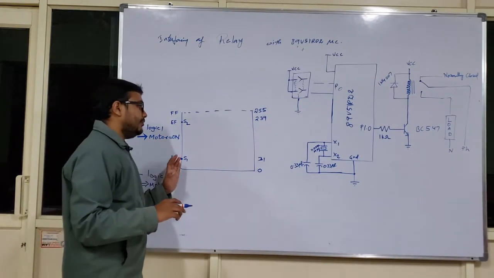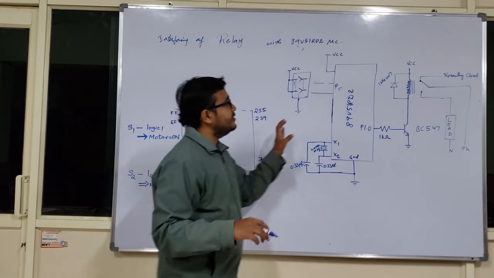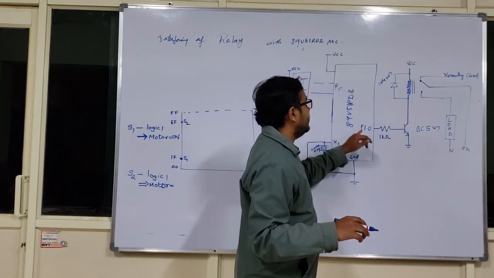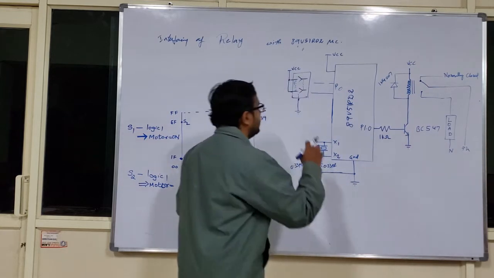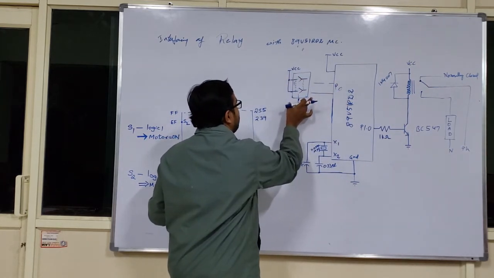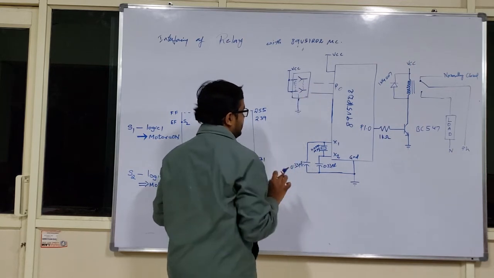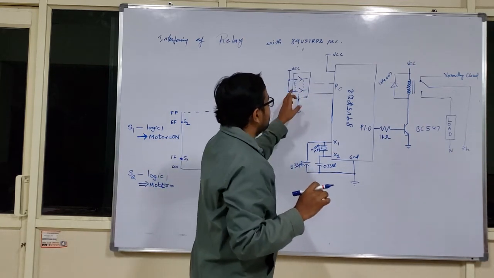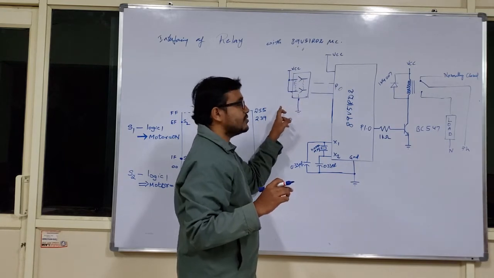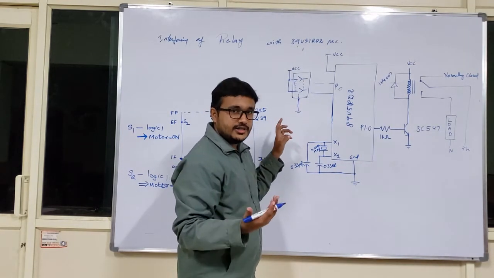Now what I am doing here is, in this 8051, I have utilized port P0 and port P1. This P0 is hardware interfaced with your DIP switch, that is a dual input switch. Dual input means the switch may receive the input of logic 1 or of logic 0.